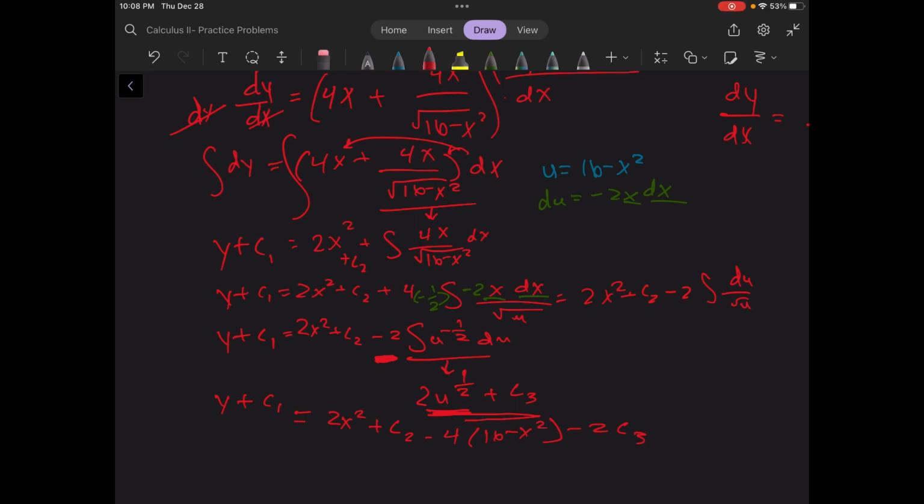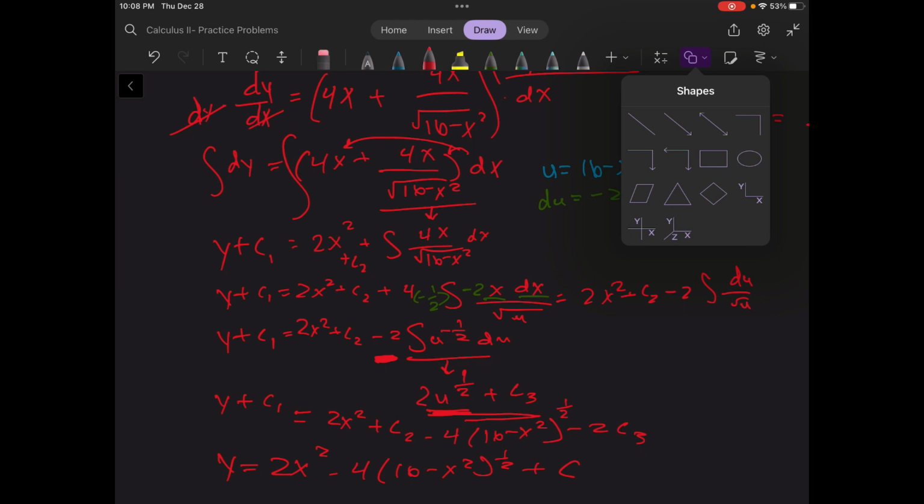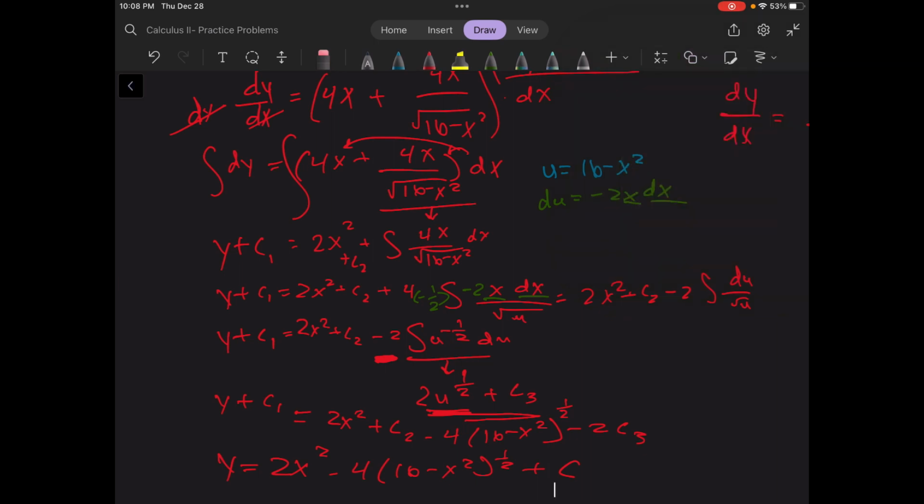So, our final answer is 2x squared minus 4 times (16 minus x squared) to the 1/2 power, plus that new constant c that is represented by the sum of c1, c2, and minus 2 times c3. We can just call that one big constant because the derivative of the big constant or all of the little constants is the same, which is 0.